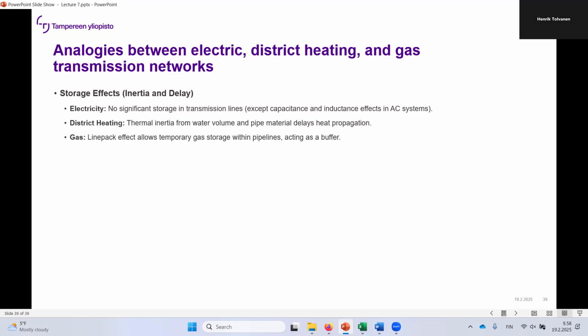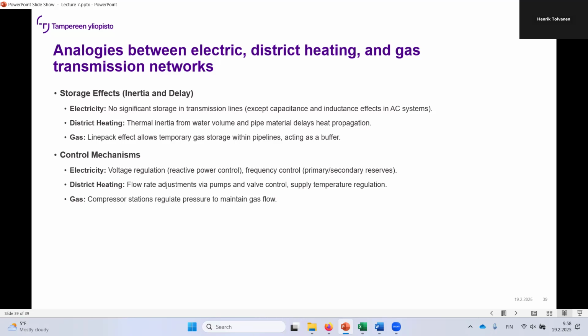That is by far, it's kind of like a thermal battery. If you have 600 kilometers of network and you have average DN300 or DN400, it means that you have a lot of water within the system that you can heat up and utilize the thermal inertia. In the gas systems, the line pack is the analog to this district heating thermal inertia.